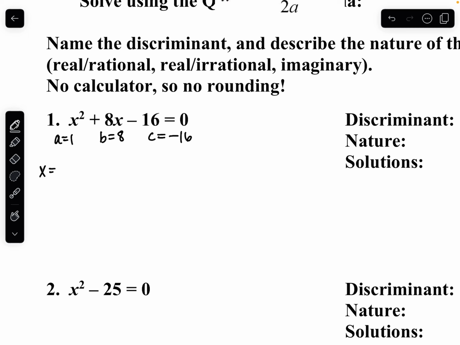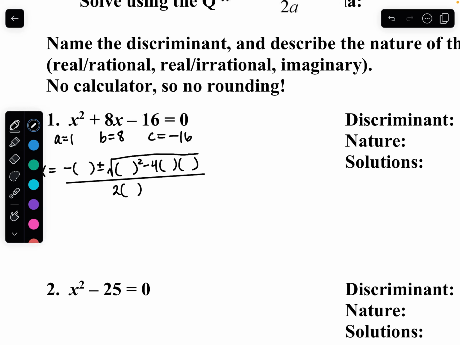And so x equals -b plus or minus the square root of b squared minus 4ac all over 2a. Okay, and so our b value goes in the first blanks. Our a value goes in the next blank, top and bottom, and then our c value goes at the very end.